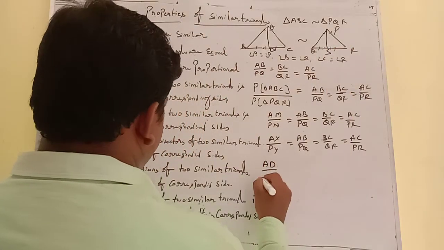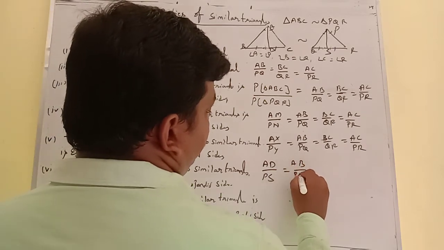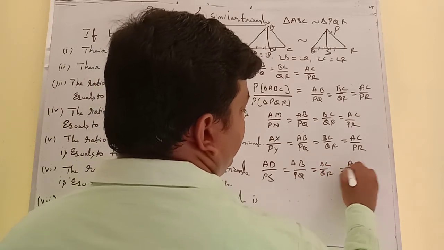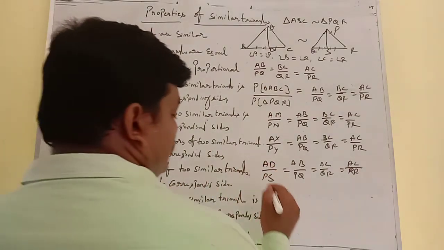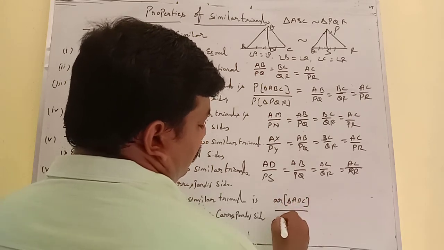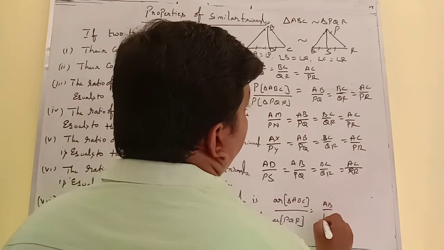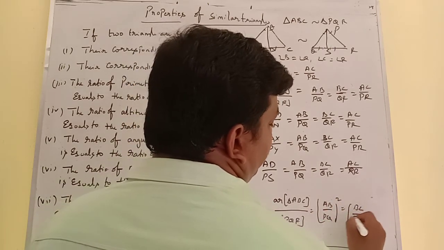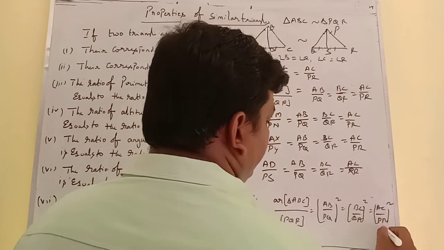Then AD by PS is equal to AB by PQ, that is equal to BC by QR, that is equal to AC by PR. Now the ratio of areas of two similar triangles: area of triangle ABC by area of triangle PQR is equal to AB by PQ whole square, is equal to BC by QR whole square, is equal to AC by PR whole square.